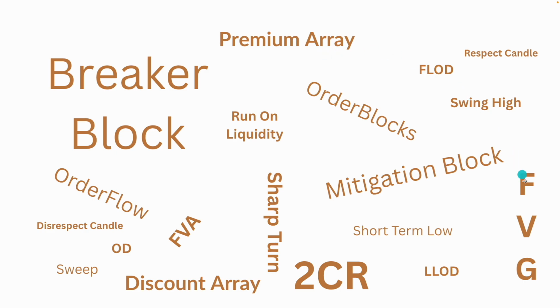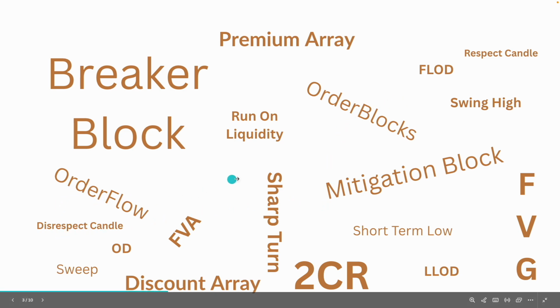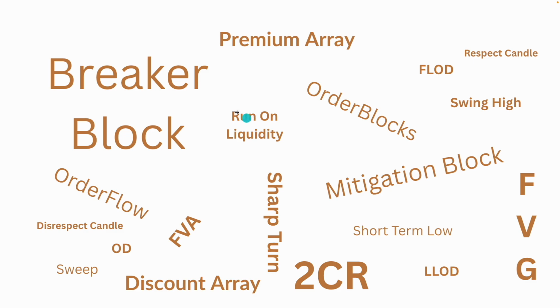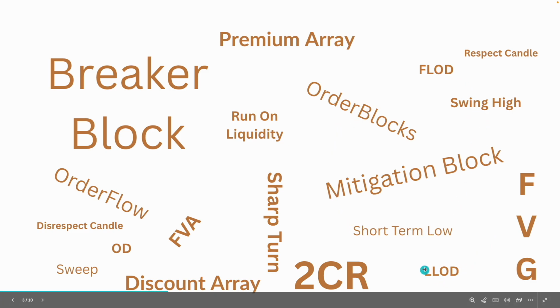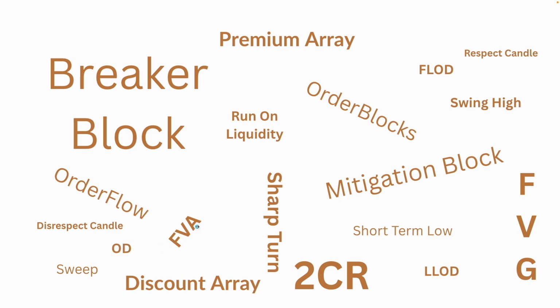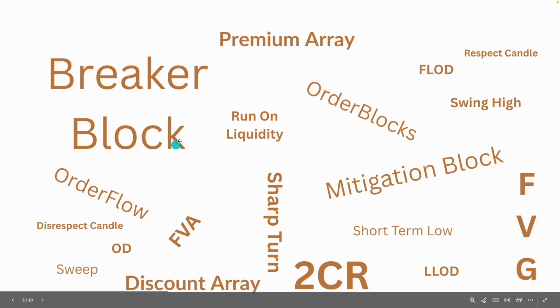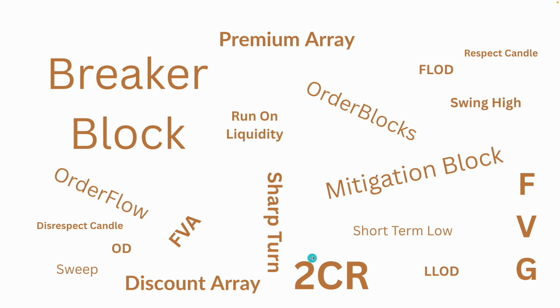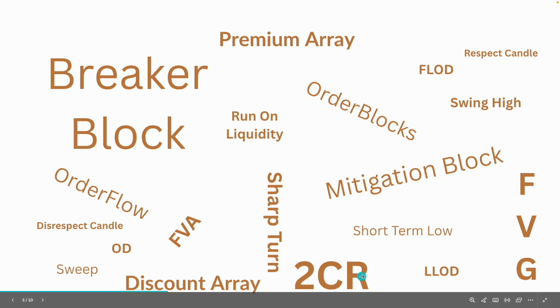We have seen fair value gaps, swing high, swing low, order flow, sharp turn, run on liquidity, breaker block, mitigation block, order block, first line of defense, last line of defense, overlapping defense, fair value areas, sweeping the liquidity, running the liquidity, and finally, the most important, two candle rejection.